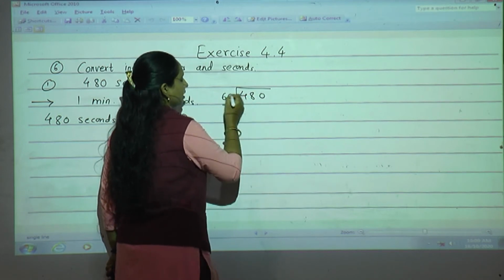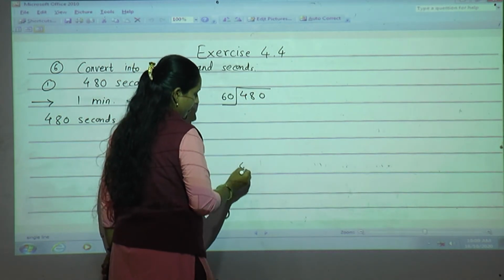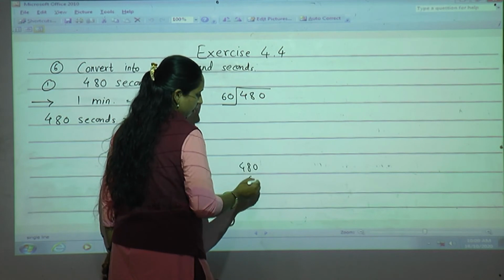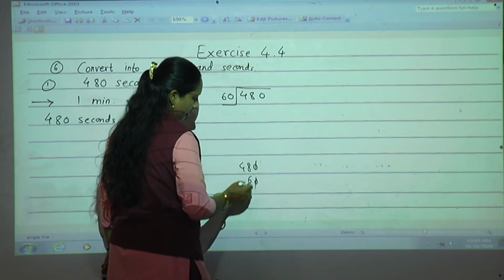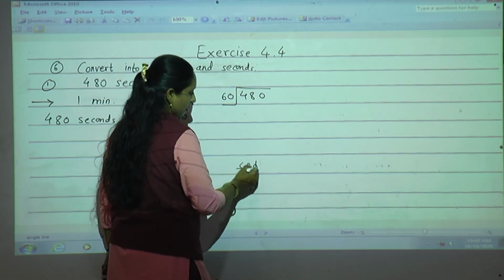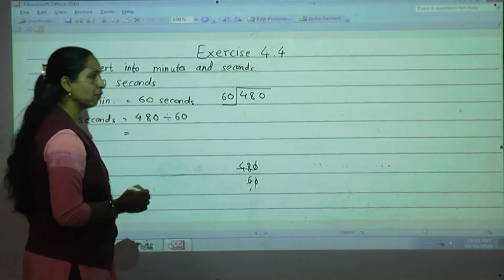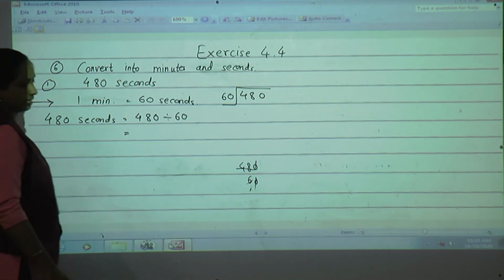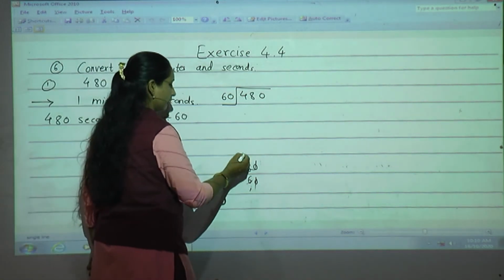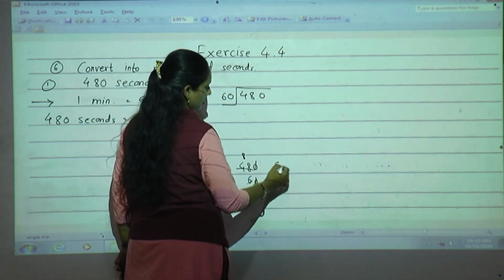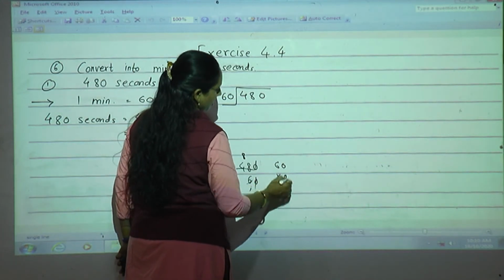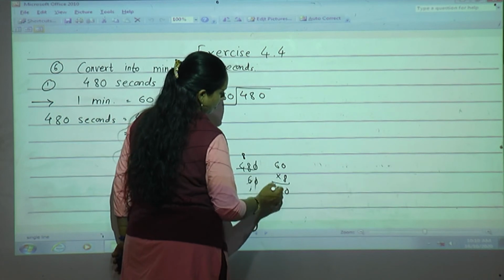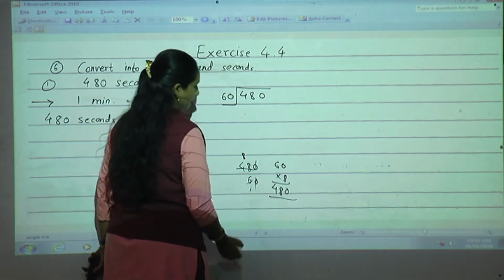480 divided by 60. We will find out the estimate quotient, students. 0 0 cut, 6 ones are 6. Yes, in the 6 table 48 is there. Come on, tell me. Yes, 6 8s are 48, isn't it? So we will try with the same. 60 multiplied by 8. 8 zeros is 0, 8 6s are 48. See, exactly the number we got.